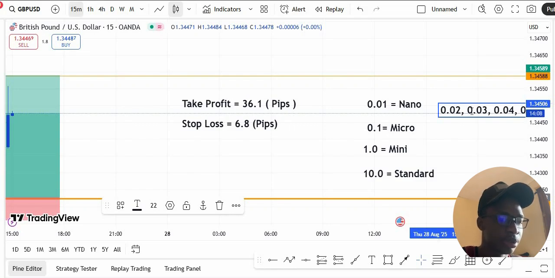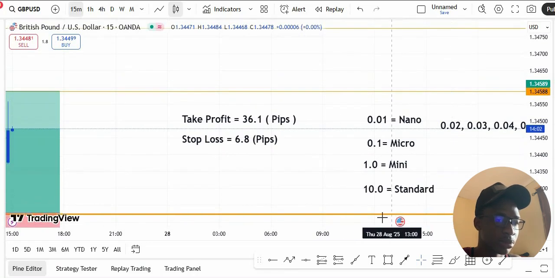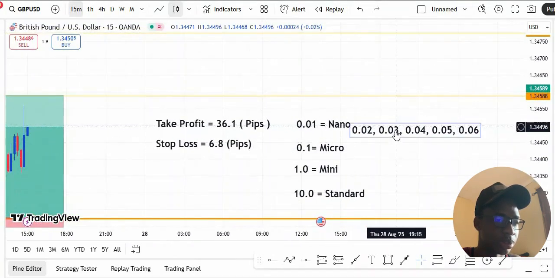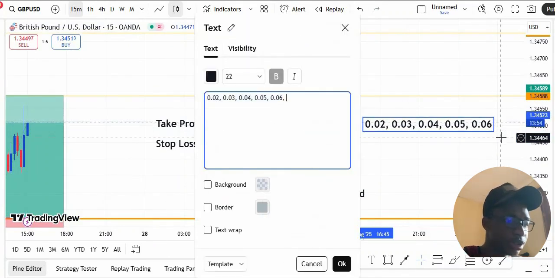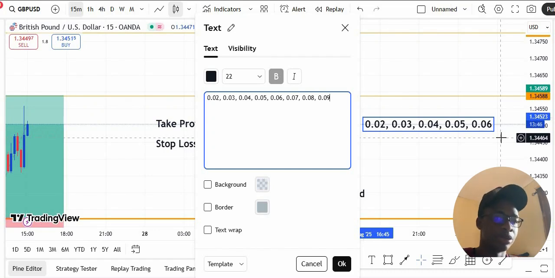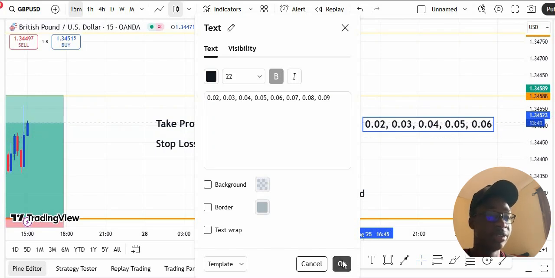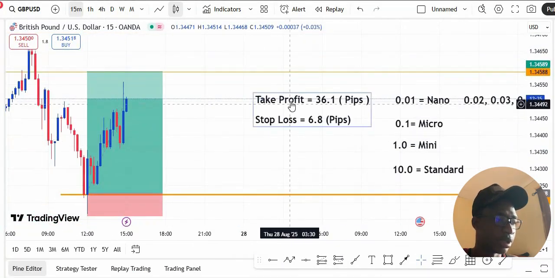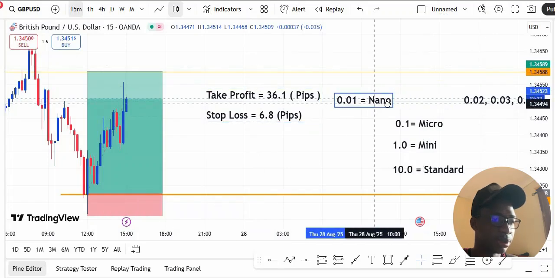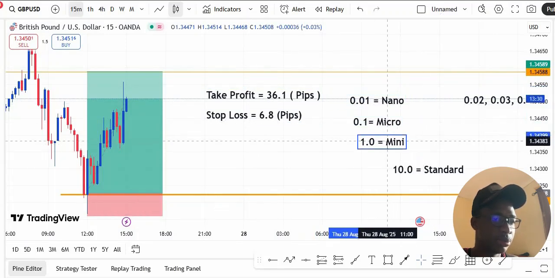0.05, 0.06, 0.07, 0.08, 0.09. So instead of writing 0.09, then what did we have?